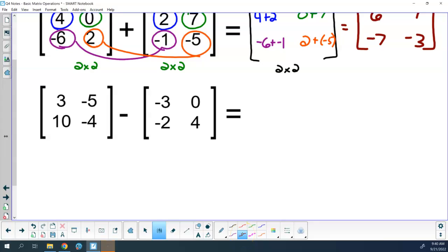So I get 3 minus -3. I get -5 minus 0. I get 10 minus -2. And I get -4 minus 4. So I get as a resultant matrix, the 2 by 2 matrix, 6, -5, 12, -8.